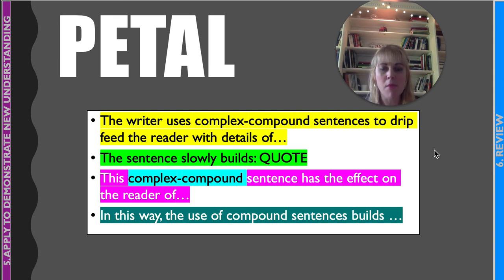Well, it might be to create this sense of enigma about the character. We don't know why he's behaving like he is. It creates that mystery and intrigue for the reader, but it also makes us feel tense because the sentence is drawn out.